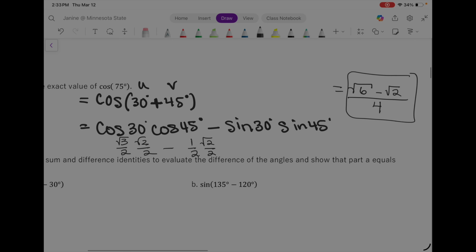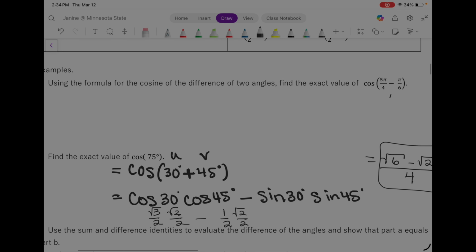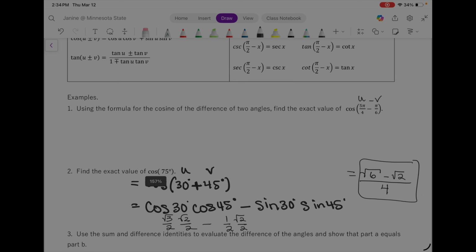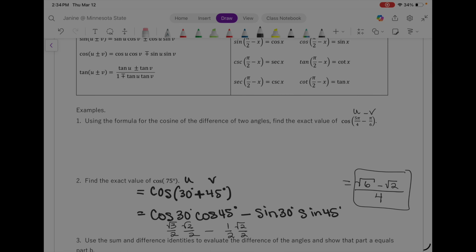Now let's go up to the previous one. The previous one, they're giving us the angles in radians, okay? And they're having us do the cosine of, this would be U minus V if you're looking at your formula sheet, okay? Which has this on it, right?